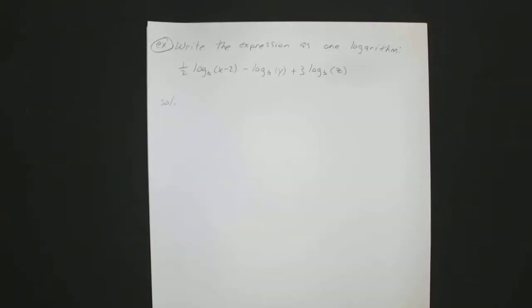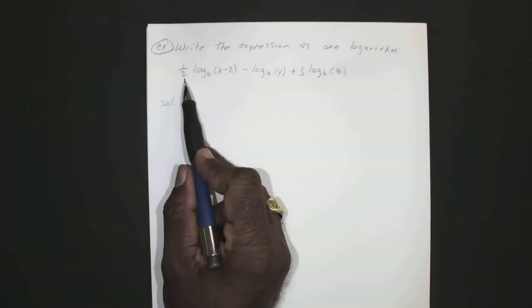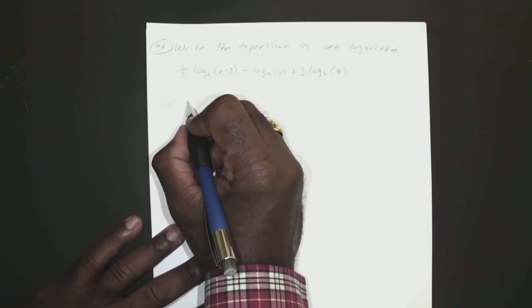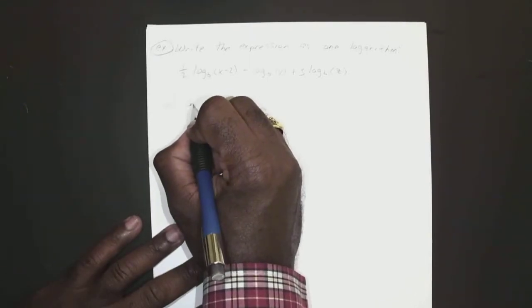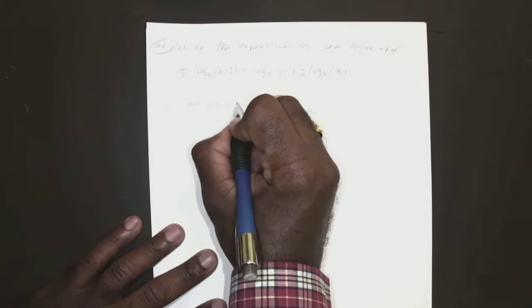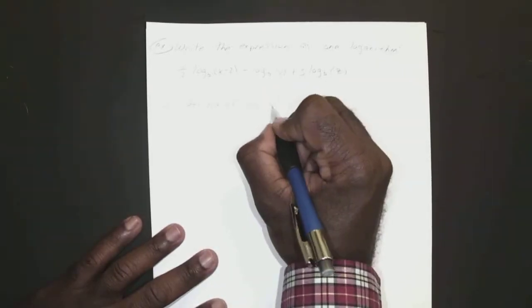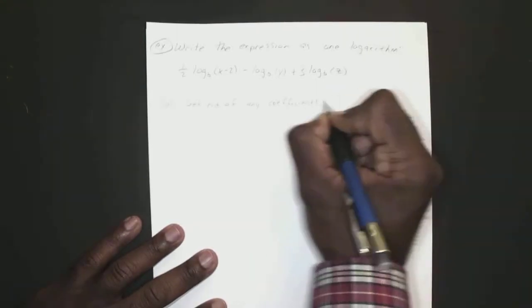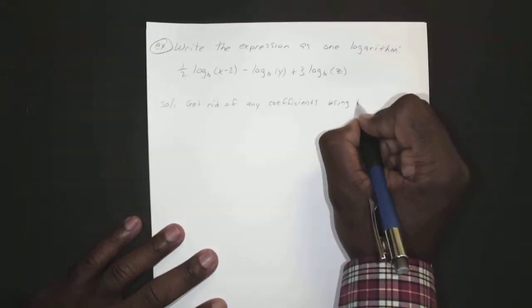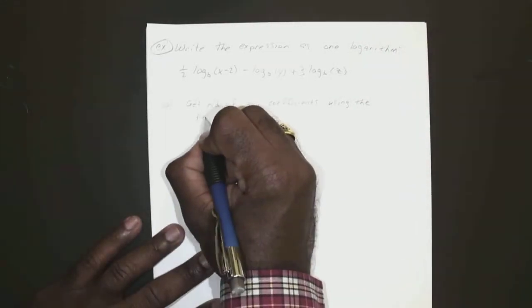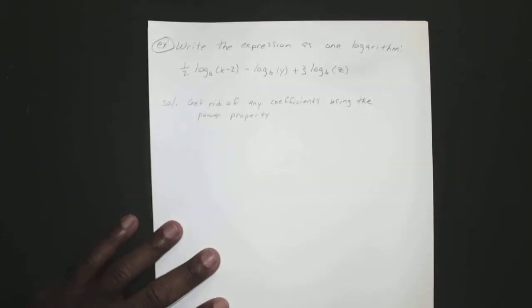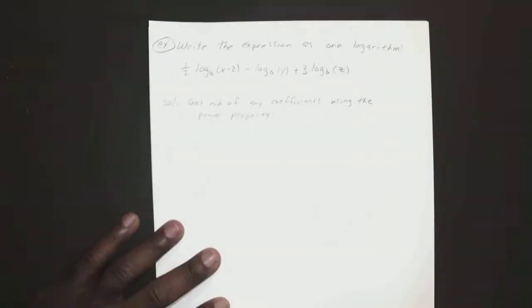Okay. So again, first thing I do is look at whether or not it has a coefficient. If it does, I usually do the power rule first just to get rid of it. So get rid of any coefficients using the power property, or power rule, whichever term you like best.